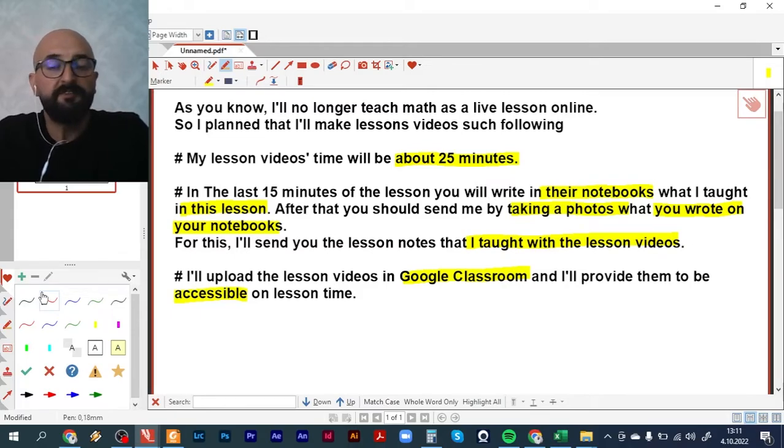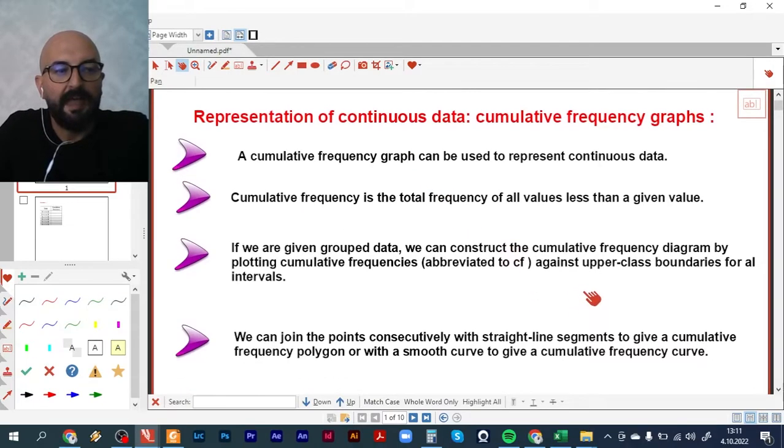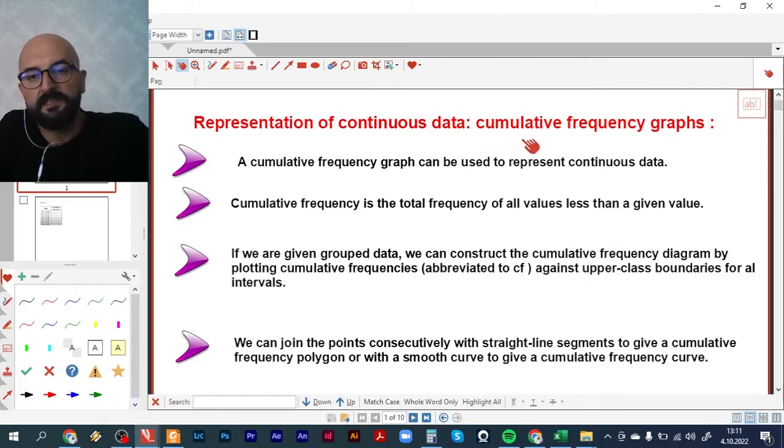As you know, if you remember, we stated the cumulative frequency graph subject, and first we will review this topic, and then we will talk about another subject. A representation of continuous data, for example, is a cumulative frequency graph.